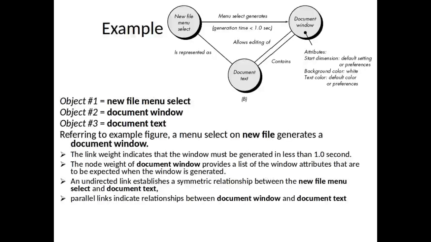In reality, a far more detailed graph would have to be generated as a precursor to test case design. You can then derive test cases by traversing the graph and covering each of the relationships shown. These test cases are designed in an attempt to find errors in any of the relationships.